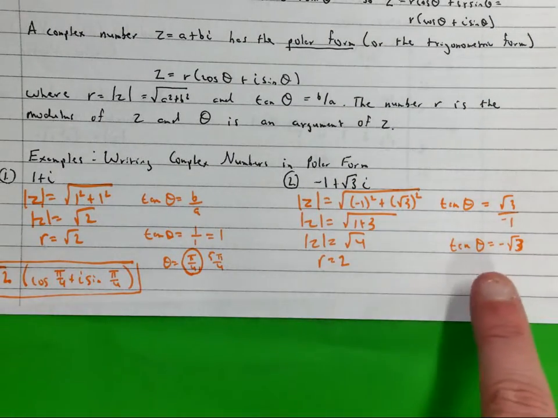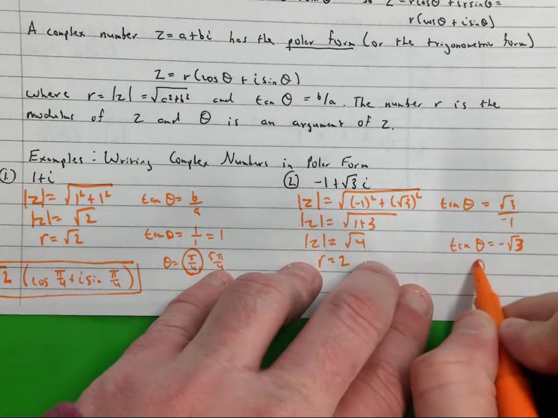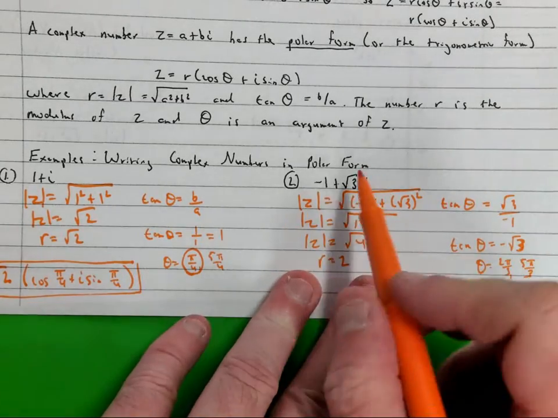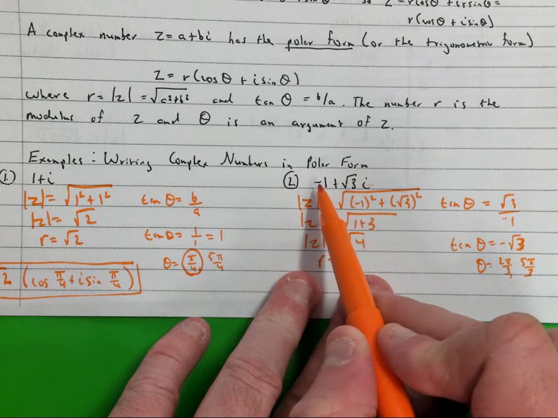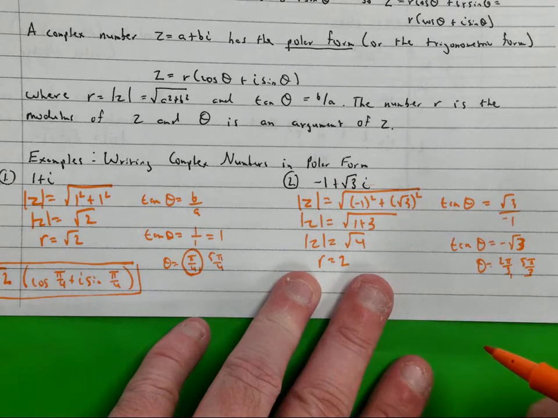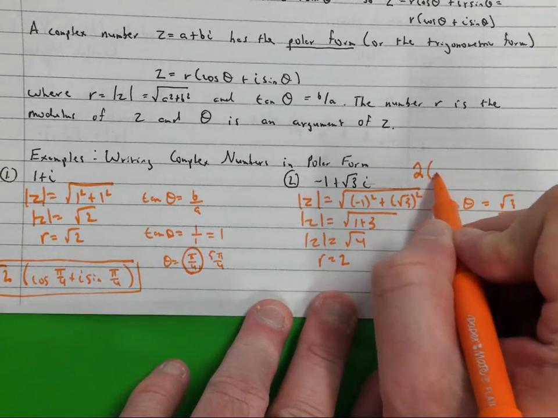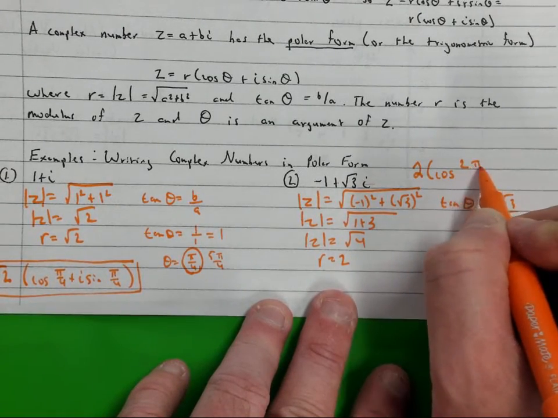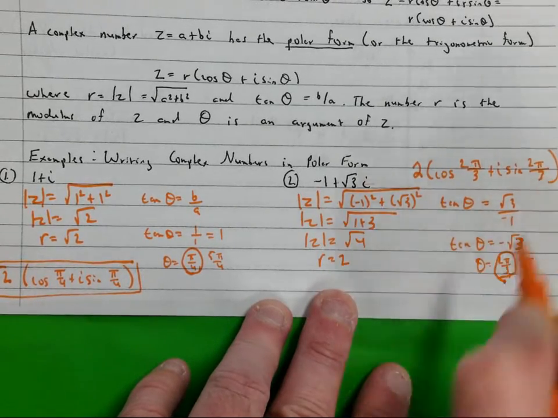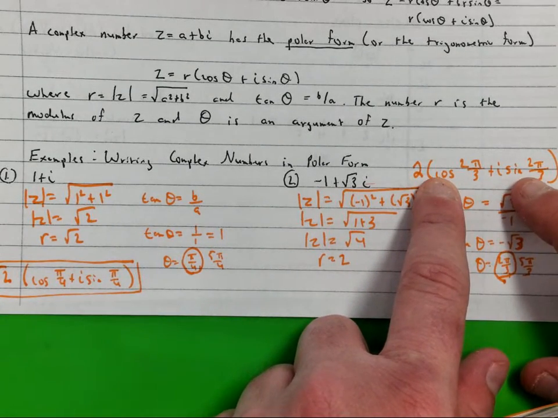Pi over 3. You want a negative, so it's going to be in which quadrants? 2 and 4. Very good. So that's going to be 2 pi over 3 and 5 pi over 3. Now if you were to graph this in traditional, which quadrant would that be in, Zach? Negative 1 comma square root of 3. Quadrant 2. Yes, so 2 pi over 3 comes out of that, so I'm going to write 2 cosine 2 pi over 3 plus i sine 2 pi over 3. And that is your answer. You always put cosine first, sine second, i goes with sine.